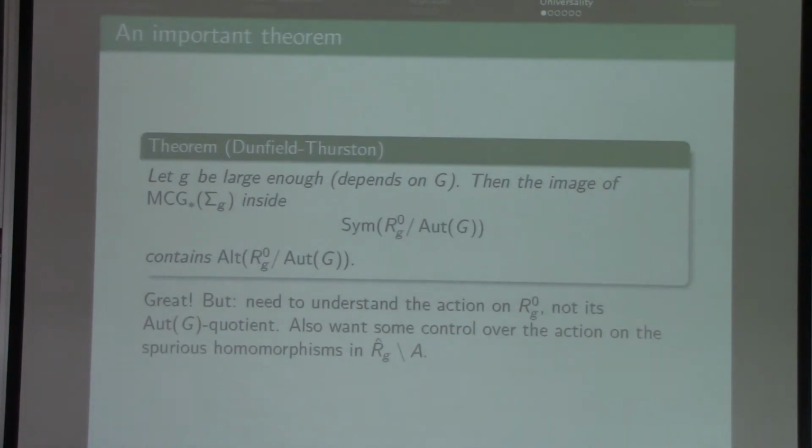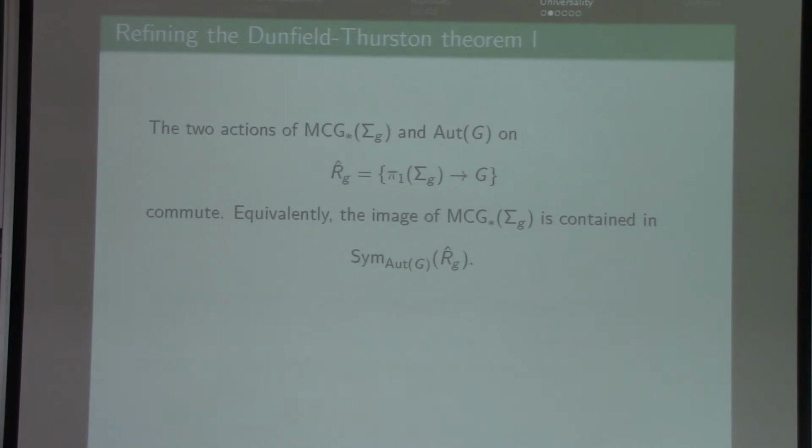So we're going to refine that theorem. As I've said already, if I have a mapping class group acting on a set of homomorphisms, there's another action, of the automorphism group, and they commute with each other.